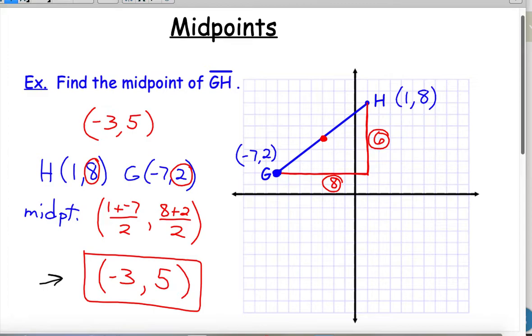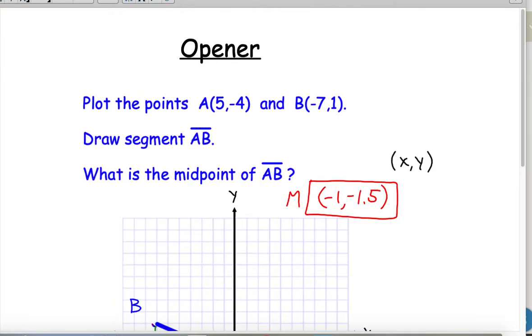If they give you a picture like this problem did, I think I would just count. I wouldn't bother doing the coordinate work because it takes more time. But if they just give you the coordinates like the opener, then I would probably use the midpoint formula. So let me just do that really quickly for this one.